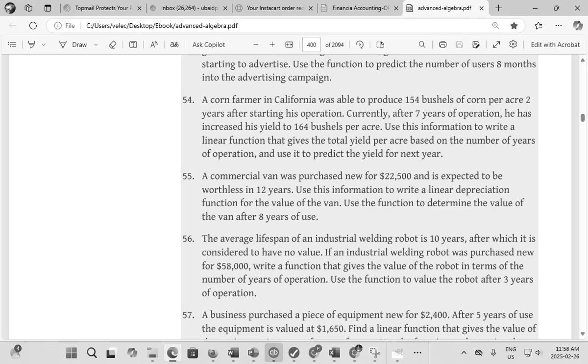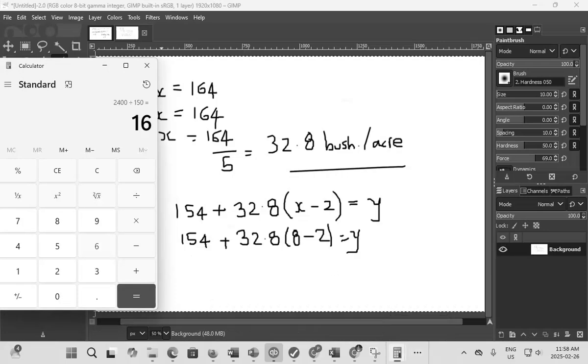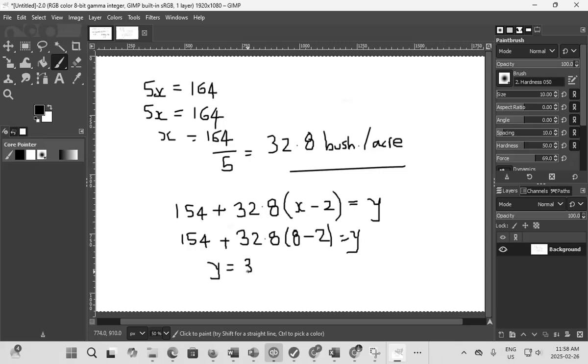Now that we have this equation, let's figure out the yield for next year, so 8 instead of 7. So 154 plus 32.8 times 8 minus 2, which gives your y. 8 minus 2 is 6, and 6 times 32.8 plus 154 gives a total yield of 350.8.